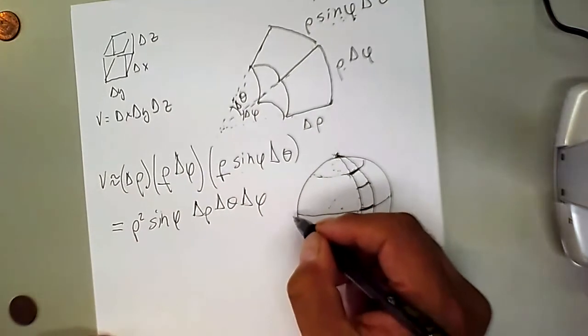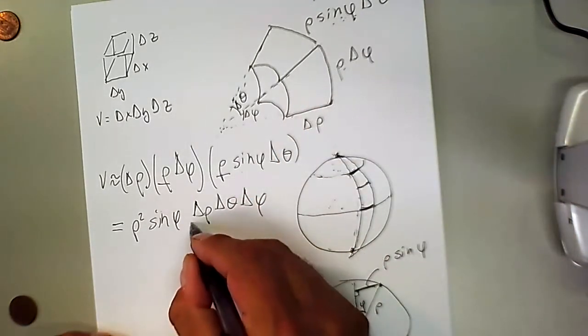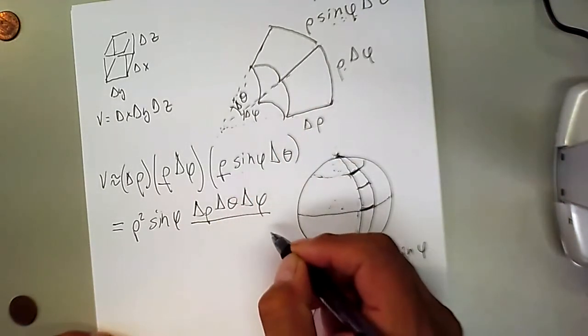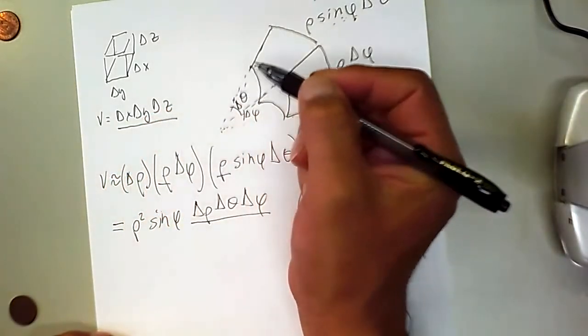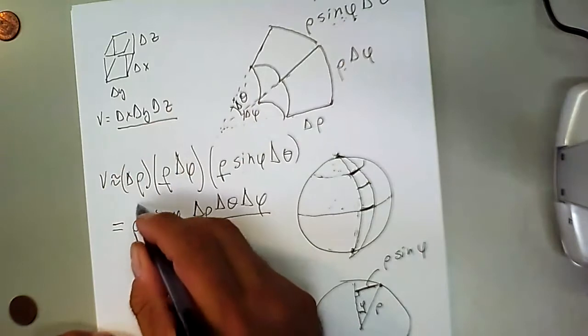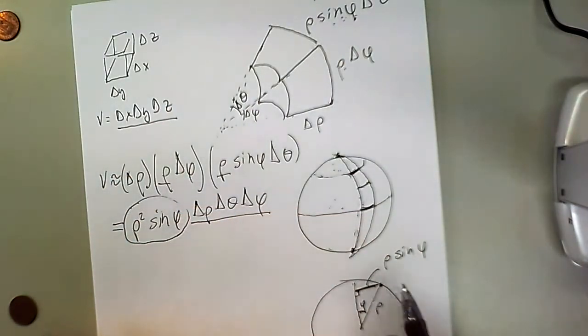Okay. So if we want to use those deltas as opposed to using those deltas? Yes, we can, but we have to include this extra factor in the picture. Otherwise, our multiplication, our volumes are going to be off.